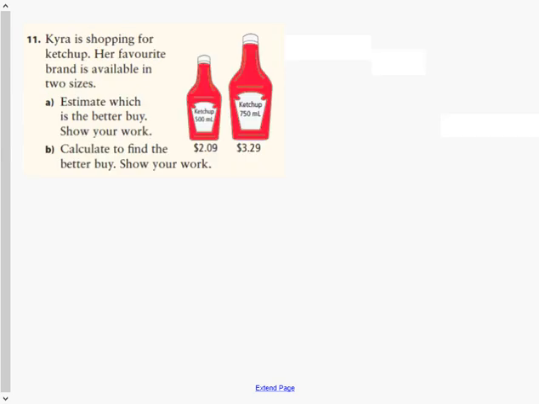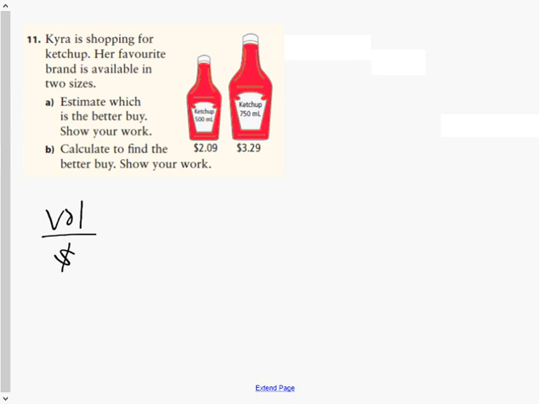Question 11 says Kira is shopping for ketchup. Her favorite brand is available in 2 sizes. Estimate which is a better deal. I talked to one student who is often confused, and she said she is going to find the ratio of volume to dollars. I didn't argue with that student because you can do that.